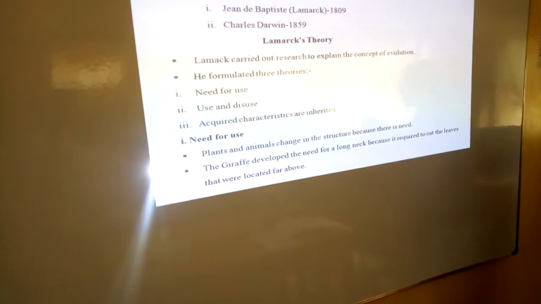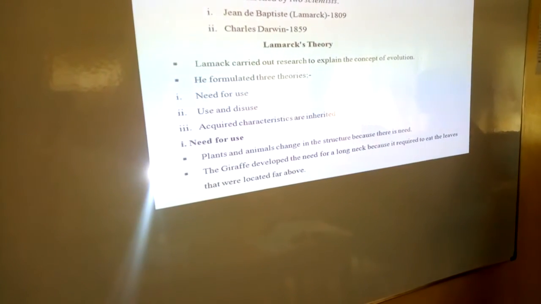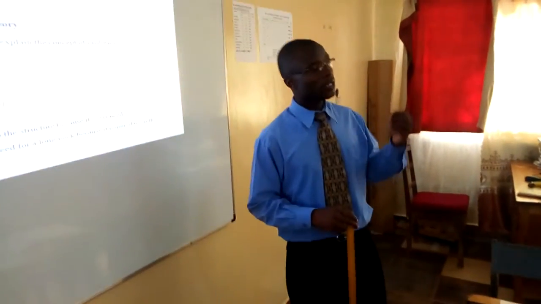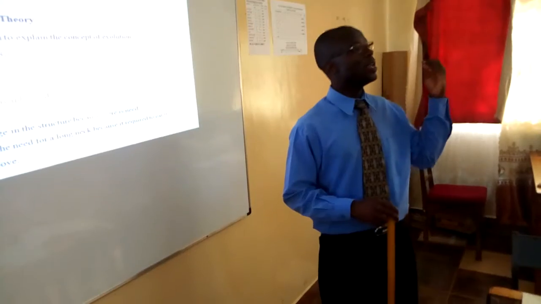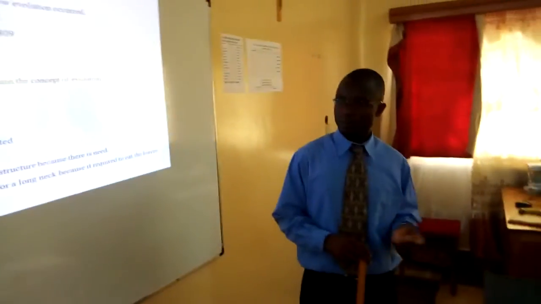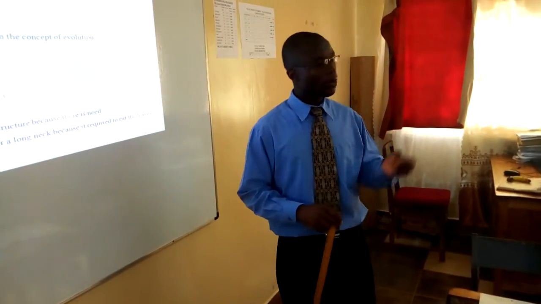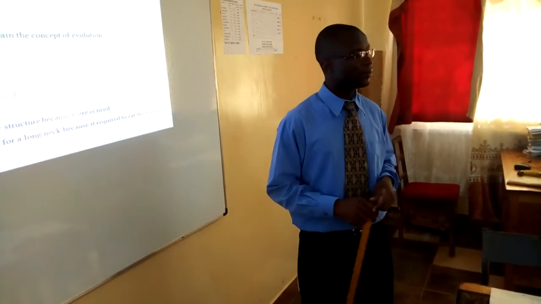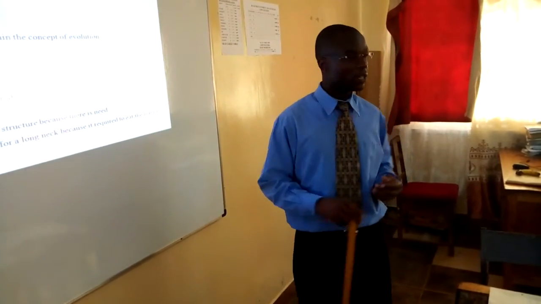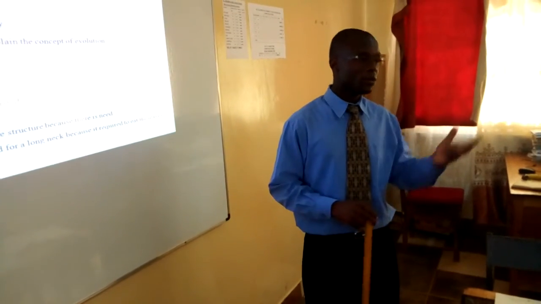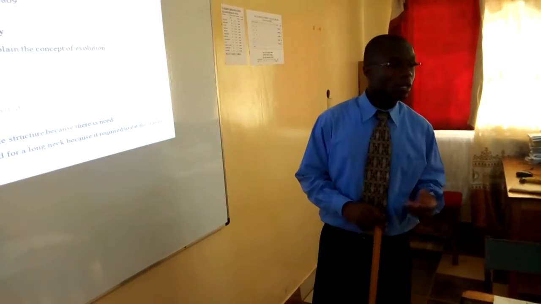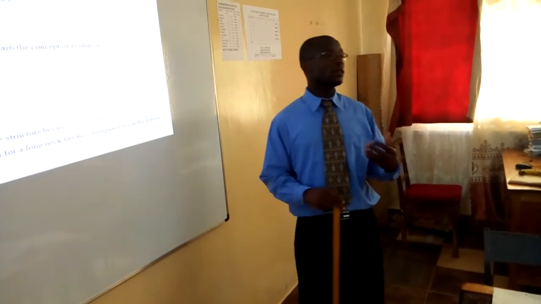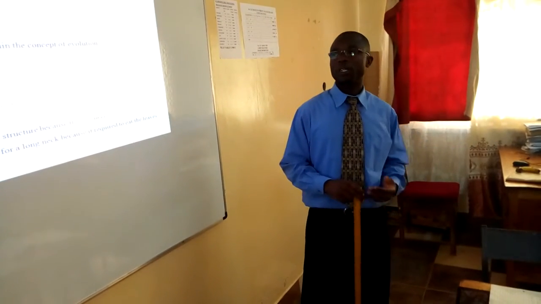Need for use. In our normal life, we develop a need for something, or we always want something when there is need. It is the same way Lamarck attempted to explain evolution. When you want success, you have to go out of your way.